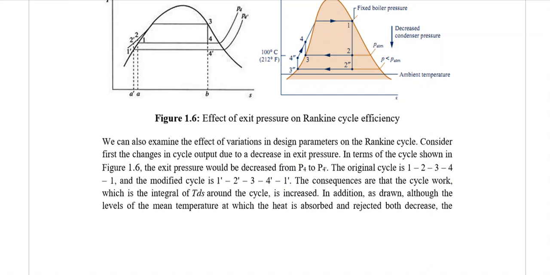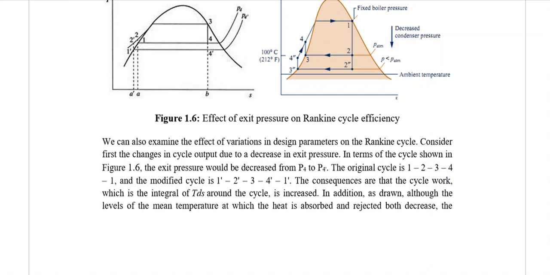So if I decrease the condenser pressure while fixing the boiler pressure, I would increase the thermal efficiency.